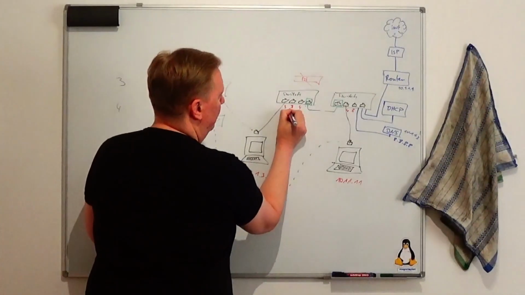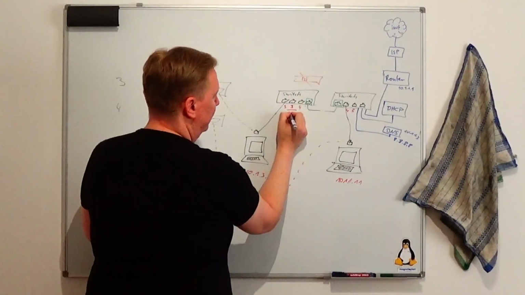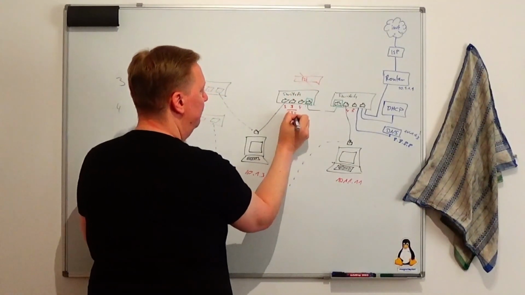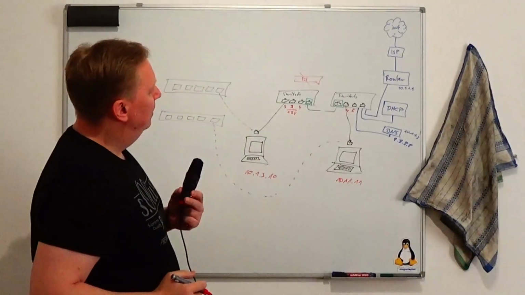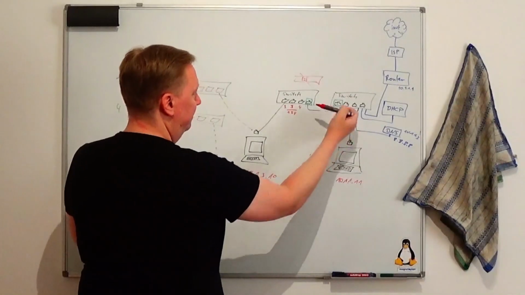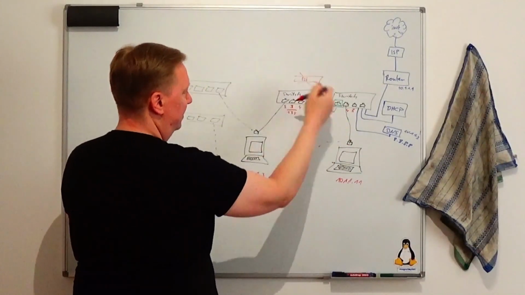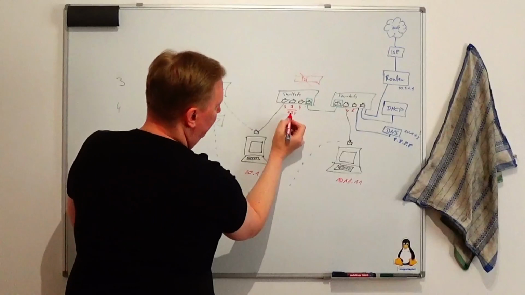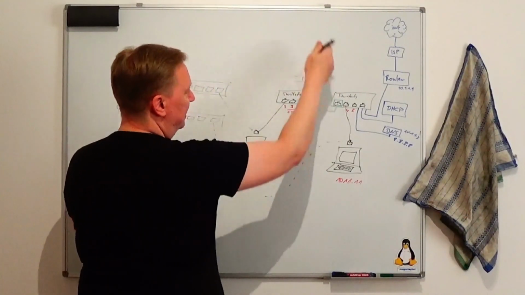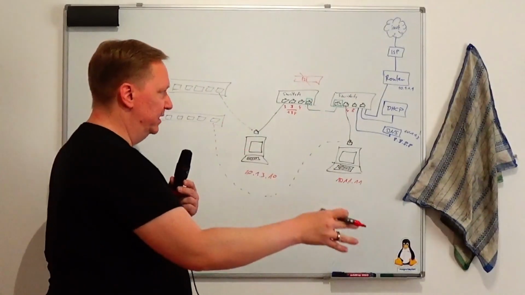So this port here, for example, can be part of VLAN 1, 3, and 4. And that then means if a packet for this port arrives, and the tag is 1 or 3 or 4, then the switch will give it out to the device.